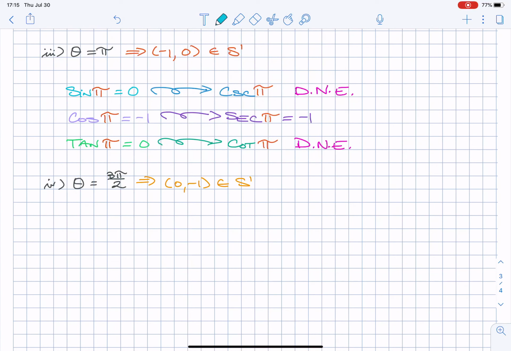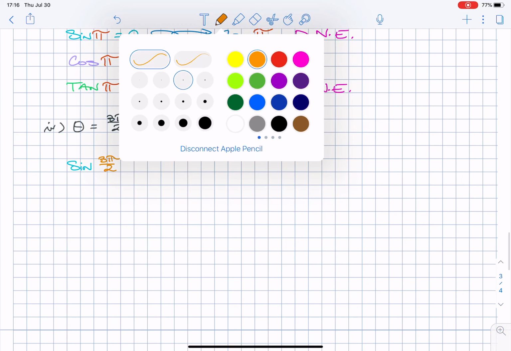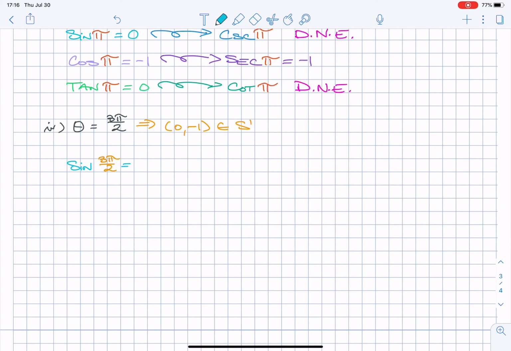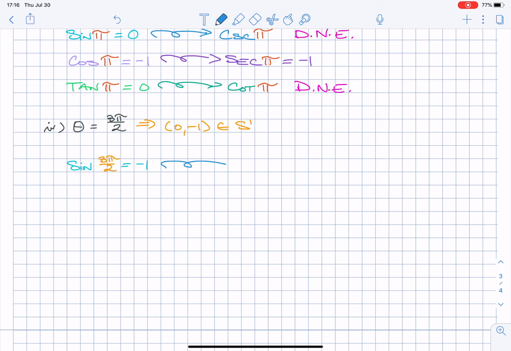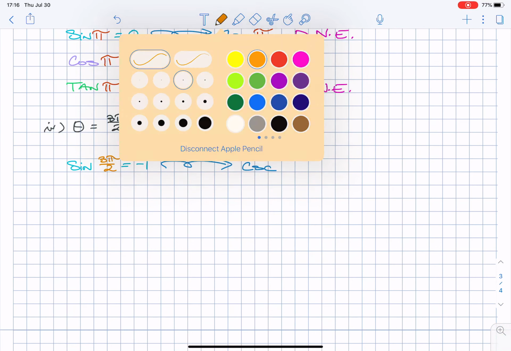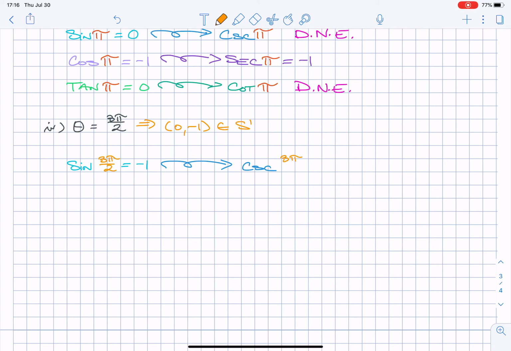So we have that sine of 3 pi over 2 is the y coordinate at that angle, which is -1. So the reciprocal to sine, cosecant of 3 pi over 2. So pi over 2 is 90, so 3 pi over 2 is 270, right?